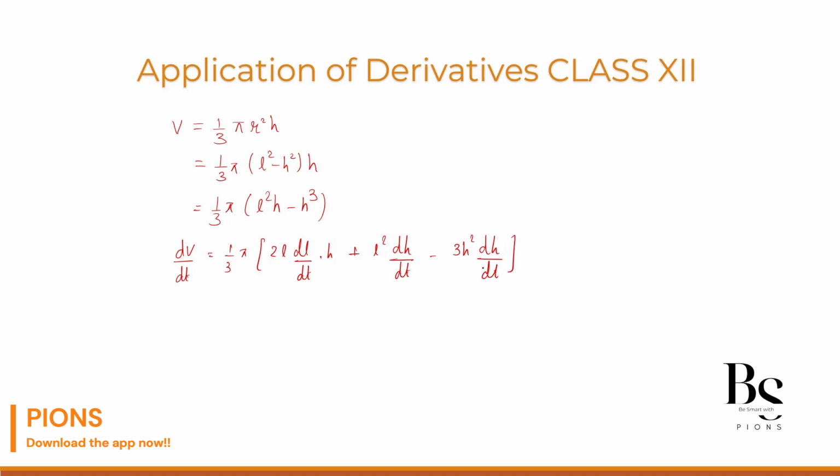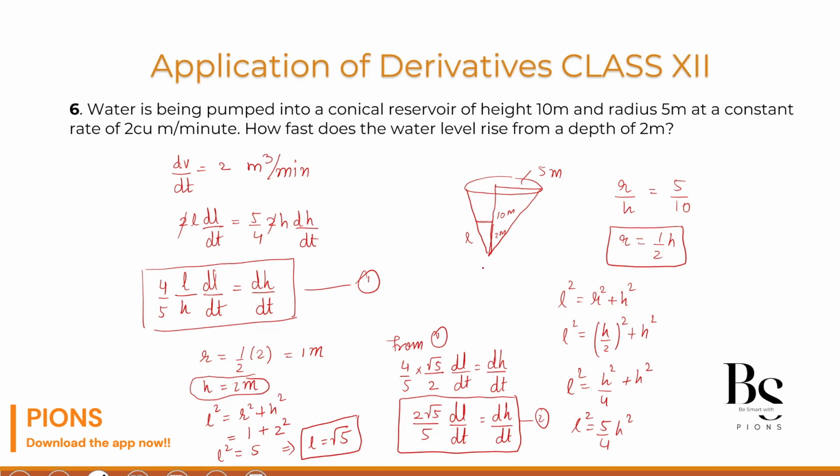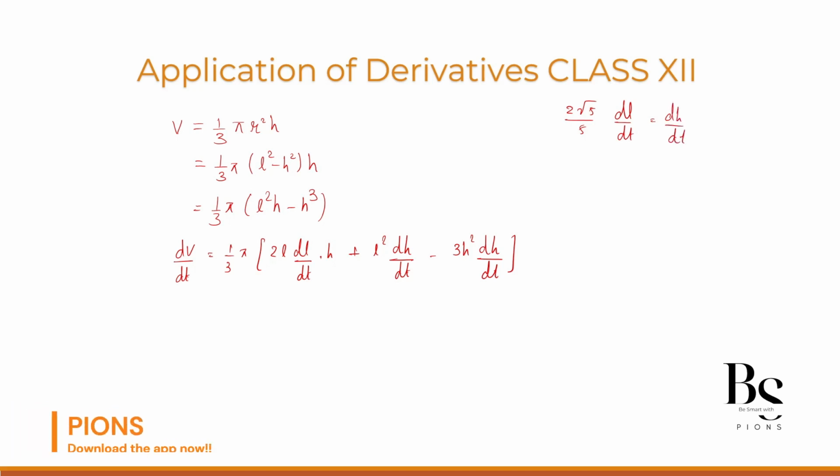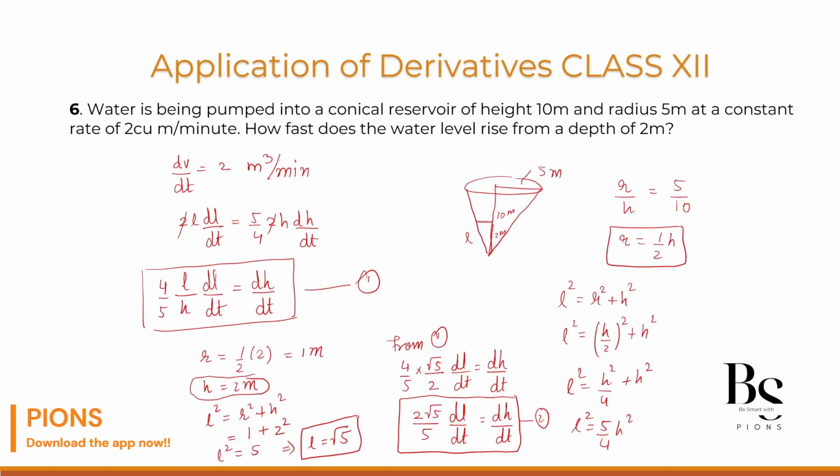Done. So here let's substitute the previous value of our dH by dt, h and L. So 2 root 5 upon 5 dl by dt, that is our dH by dt, correct?